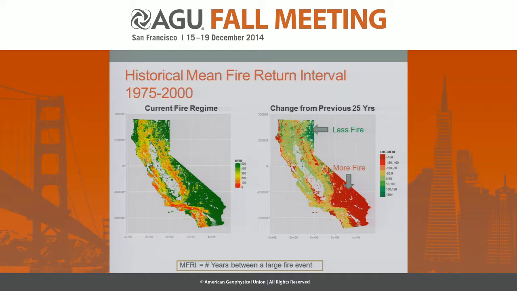If we look at estimates of the current fire regime on the far left there, we have the mean fire return interval, the number of years between a large fire as estimated by the model. We are capturing the general spatial patterns found in California, maybe with the exception of the northwest, where the model does not perform as well.